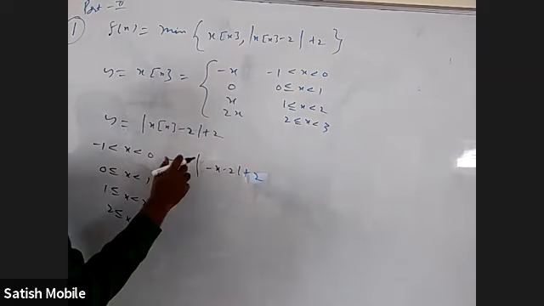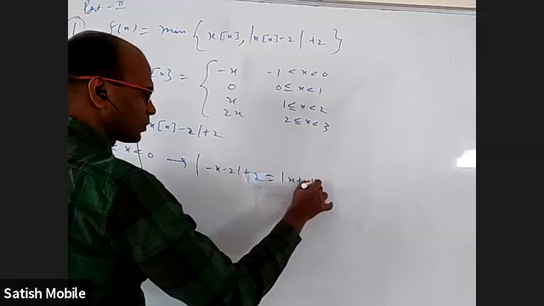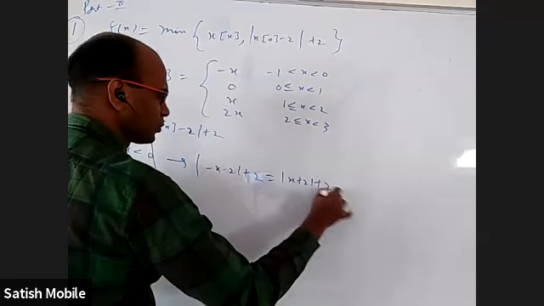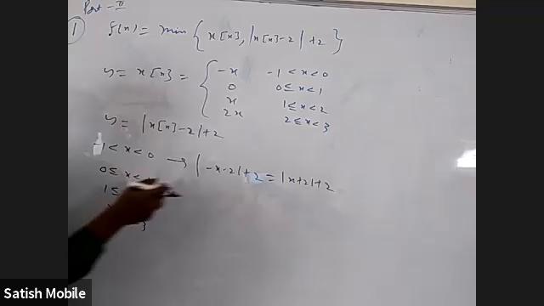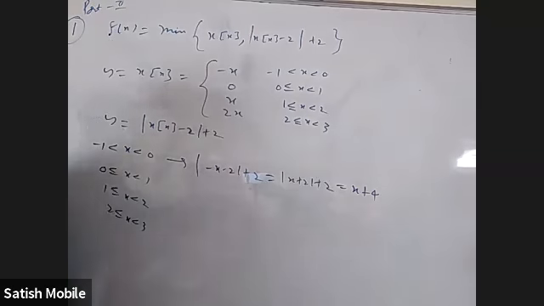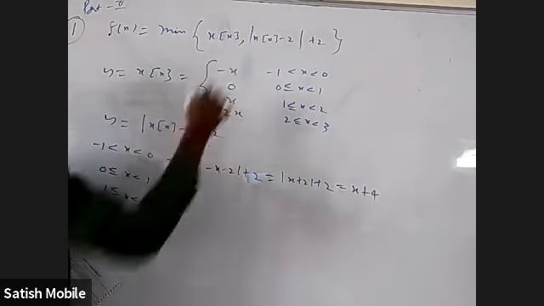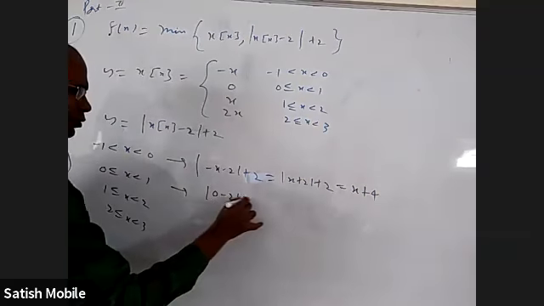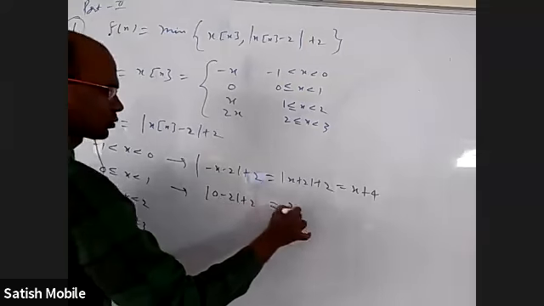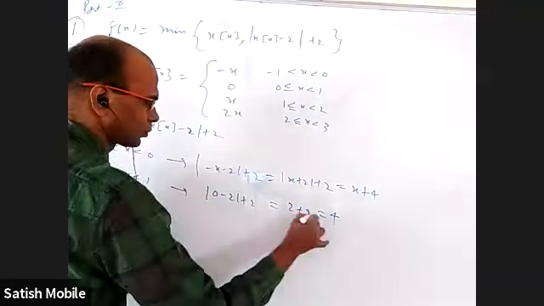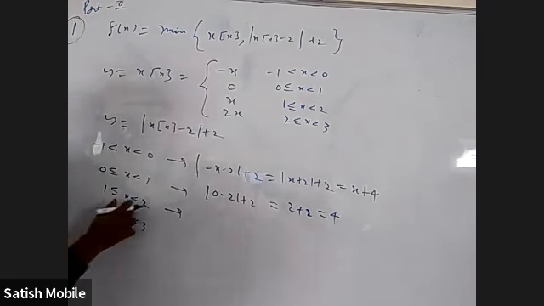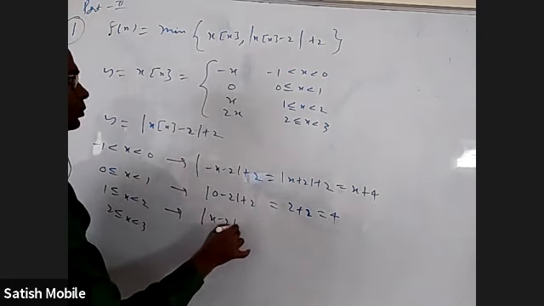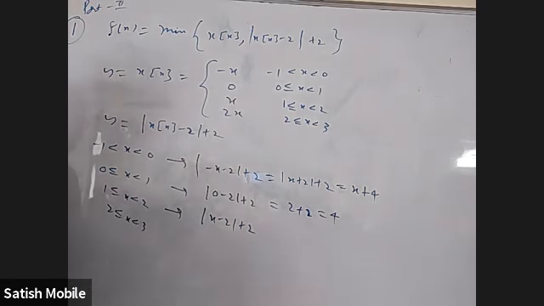Within the mod, I can take minus common, it will become mod x plus 2, plus 2. But between minus 1 and 0, x plus 2 is positive only, so I can remove the mod, it will be x plus 4. Between 0 and 1, this is mod 0 minus 2 plus 2. This is 2 and this is 2, 2 plus 2 is 4. Between 1 and 2, this will be mod x minus 2, plus 2.